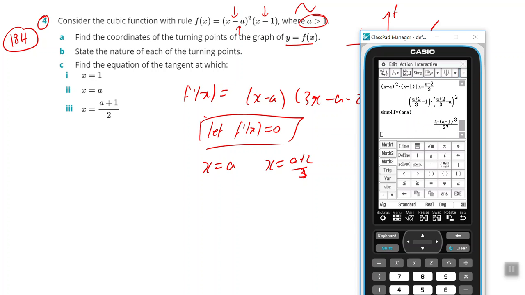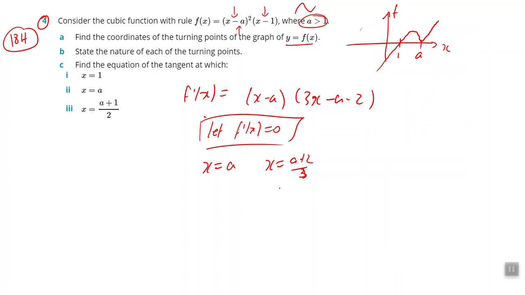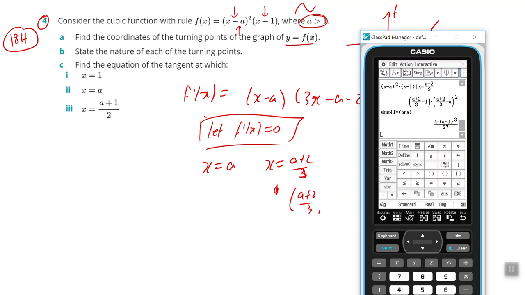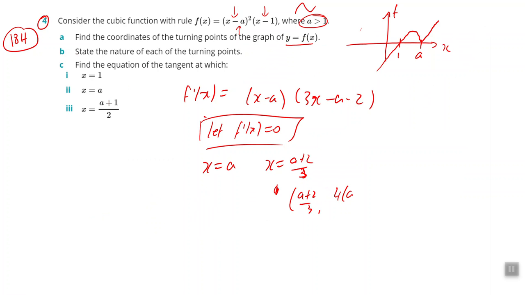Yep, (4a − 1) cubed on 27. So (4a − 1) cubed on 27 is my first turning point.